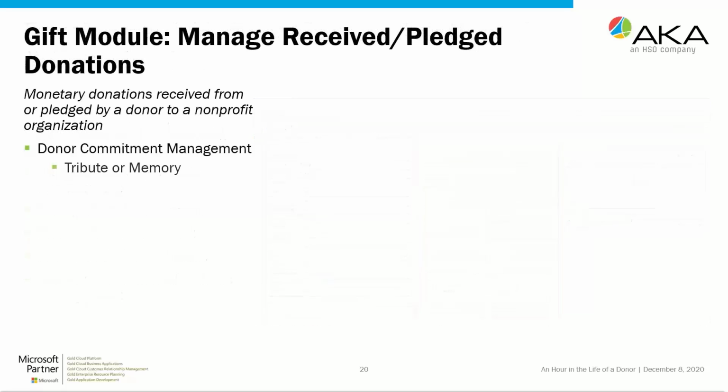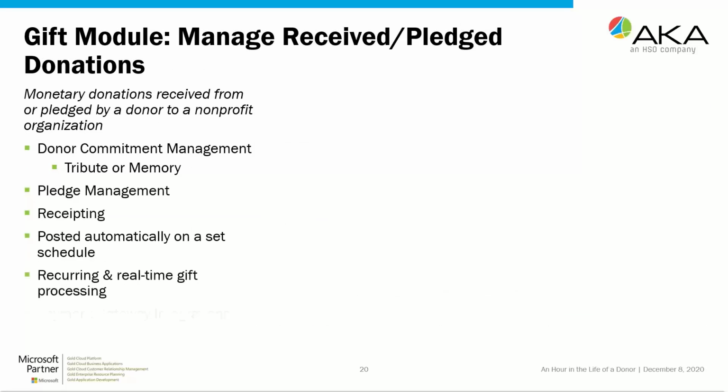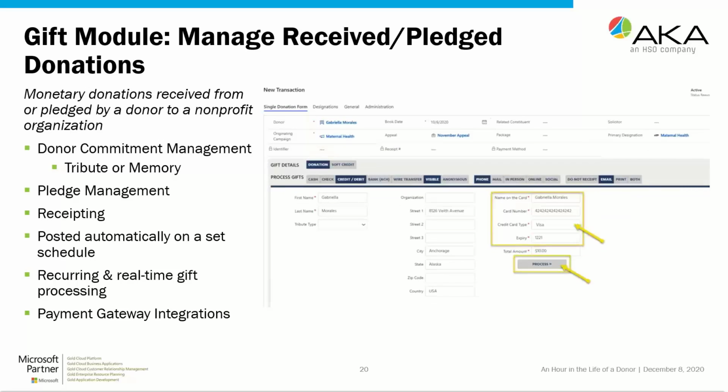The next module I want to talk about is the gift module. In order to really maximize donated dollars, the goal is to increase your internal efficiencies and reduce your costs with automated processes. With the gift module from Fundraising Engagement, you'll be able to automate processes, recurring gifts, and donor commitments via a connected Azure tenant.